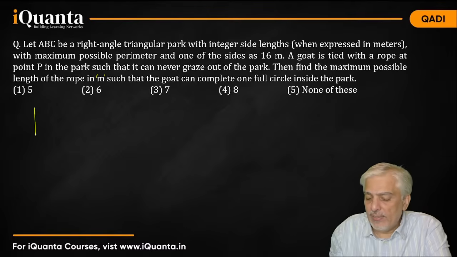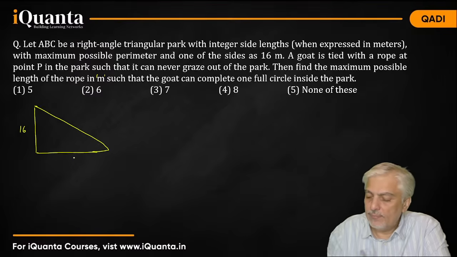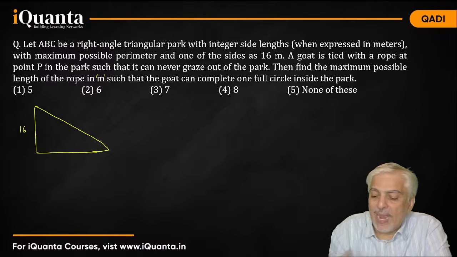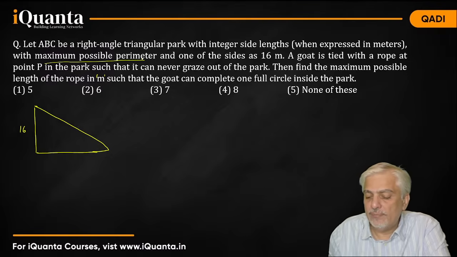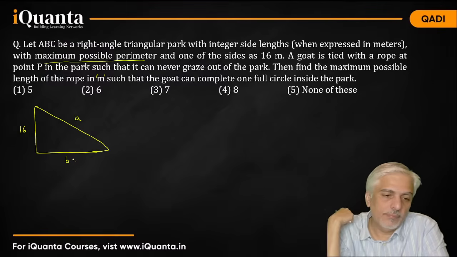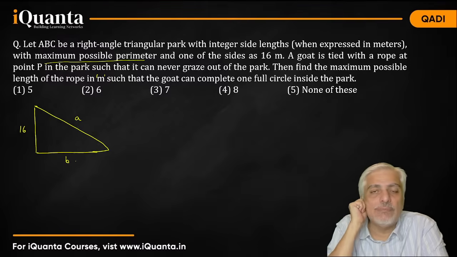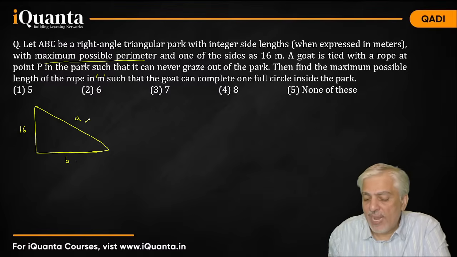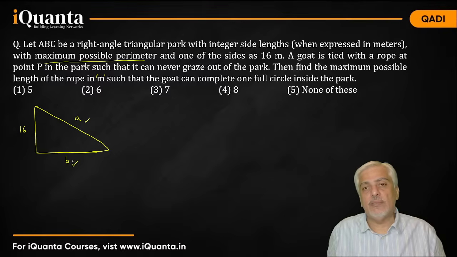Right angle triangle, one side is 16. Maximum possible perimeter. If I want maximum possible perimeter, A and B have to be as close to each other as possible.